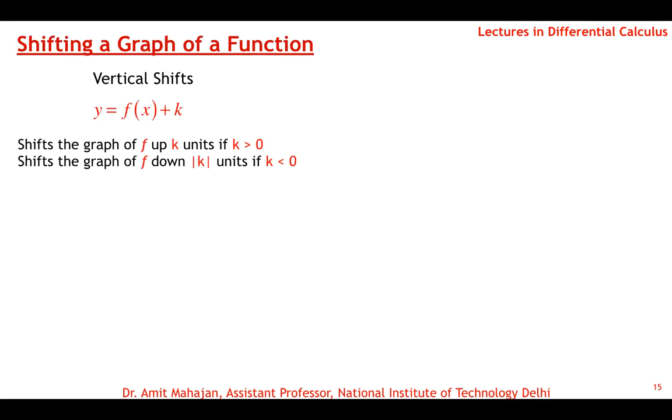Then we talk about shifting the graph of a function, and first are the vertical shifts. If you have y equals f(x), and I add a k to it and write y equals f(x) plus k, then this shifts the graph of y equals f(x) by a quantity equal to modulus of k.